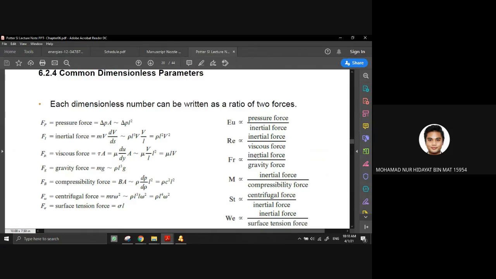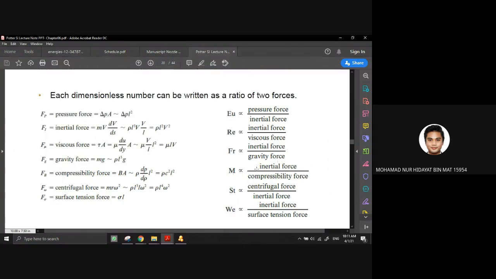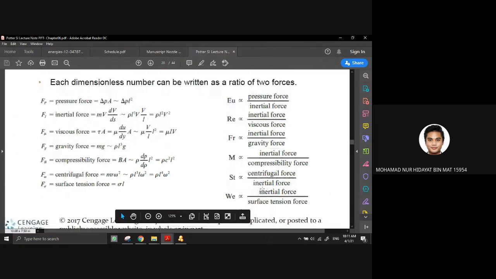The Froude number refers to the inertial force over the gravity force. The Mach number relates to the inertial force over the compressibility force. The Strouhal number refers to the centrifugal force over the inertial force.